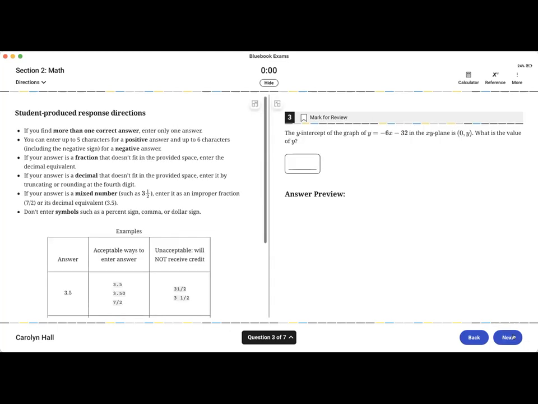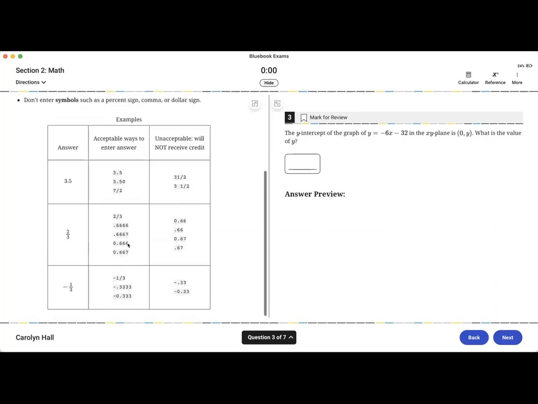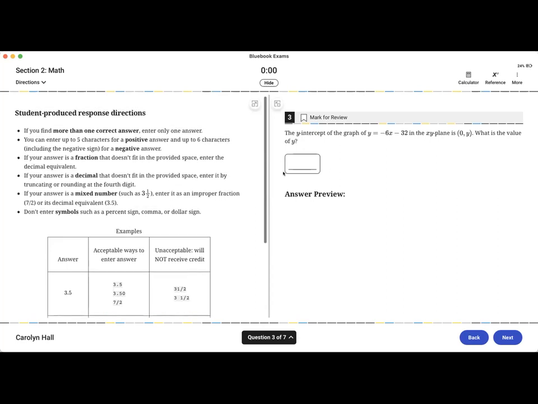Here is a student produced response directions. So this reminds you of how you can type answers in. Based on what this is showing me, you're allowed to shrink the directions there. And question 3 says the y-intercept of the graph of y equals negative 6x minus 32 in the xy plane is (0, y).